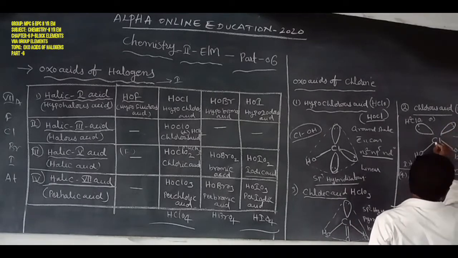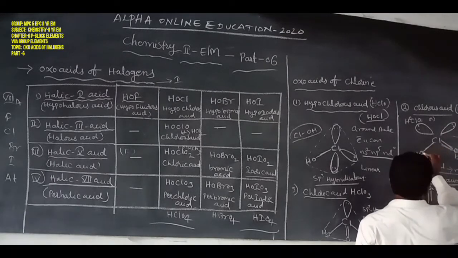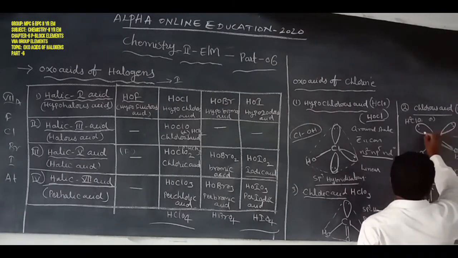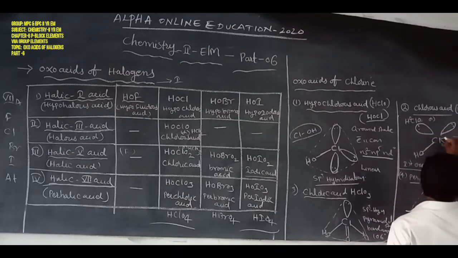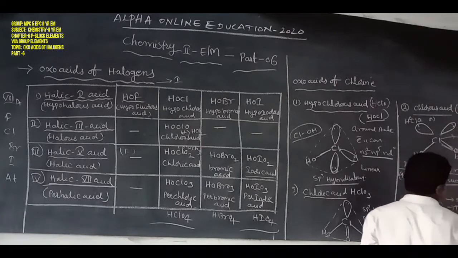Chlorine is the central atom with 2 oxygen atoms; one oxygen is bonded with the hydrogen atom. The chlorine central atom undergoes sp3 hybridization and has an angular structure.